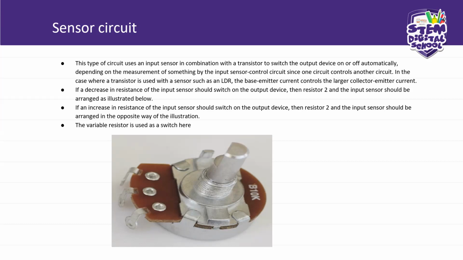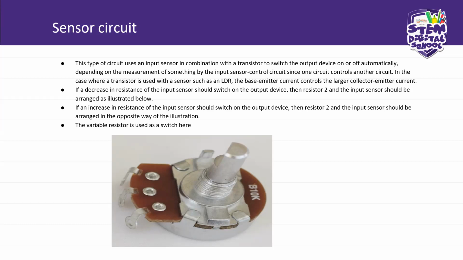So your sensor will be switching the output component on and off, depending on what is triggering its resistance. I hope you understand me. But as we go on, you will understand.